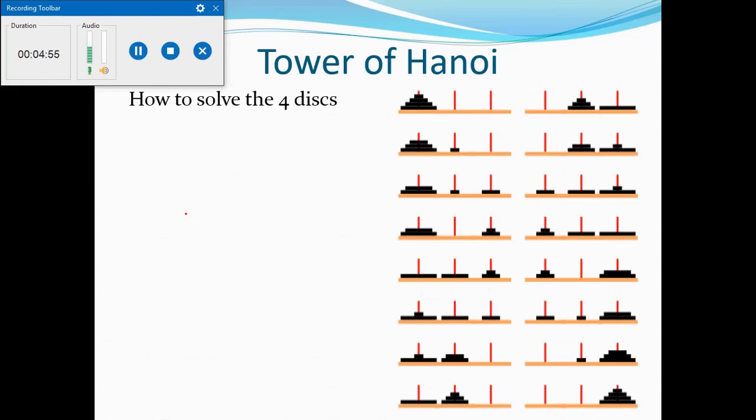Why? I will try to do it in a recursive way. Suppose I know that for 3 disks I need 7 steps. So I'm repeating again: for n equals 3, with the help of the auxiliary, that is the B stick in the previous example, I can move the 3 disks from A to C. Can I do the same with the first 3 disks here, with the help of the destination peg, and move them to the auxiliary?